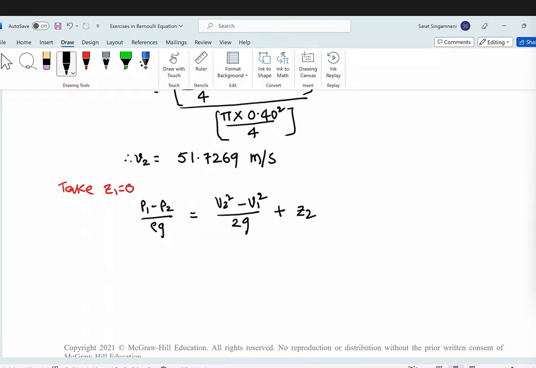So from this, P1 minus P2, the pressure difference is equal to rho times g times V2 squared minus V1 squared over 2g plus Z2.